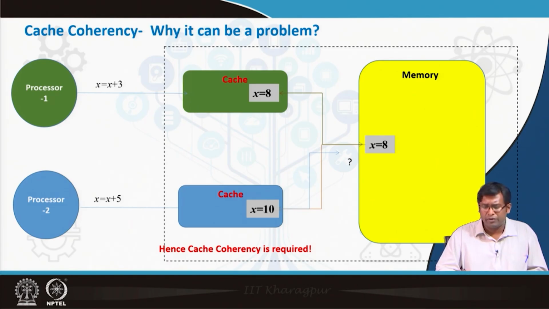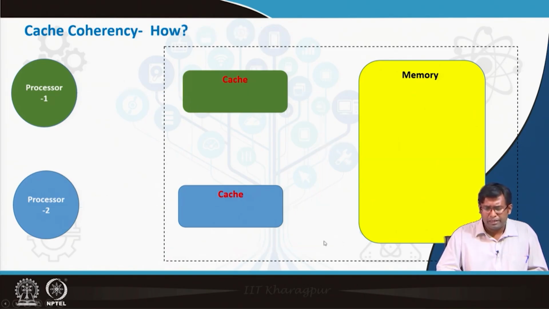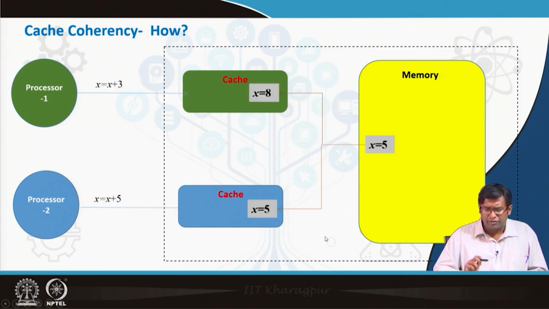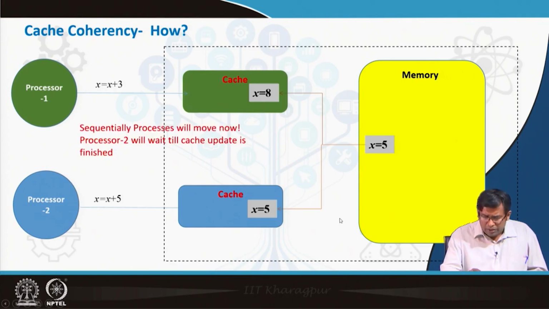So, what can be a cache coherent way? It reads x, x = 5 is there. The first processor operates x = 8, and when one cache is modified, the other cache has to wait till the update goes to memory and comes back here. It has to wait for the cache update by the first processor to reach the memory, and then from memory to the second processor's cache. The processor will wait till the cache update is finished.